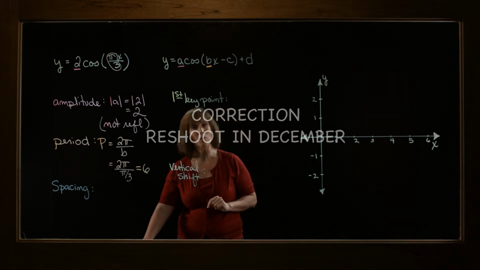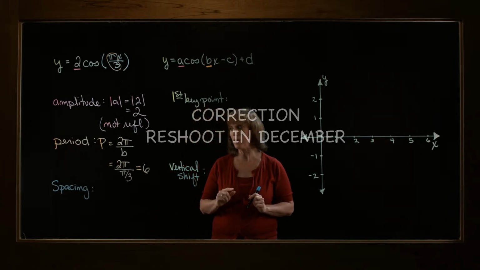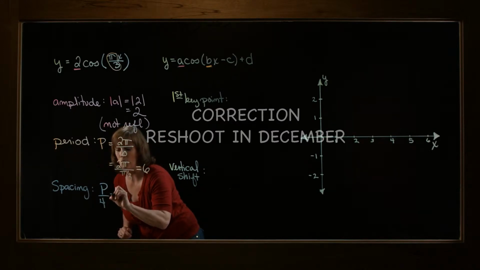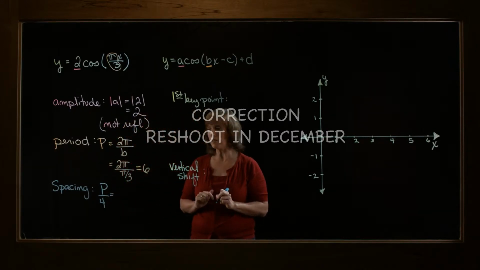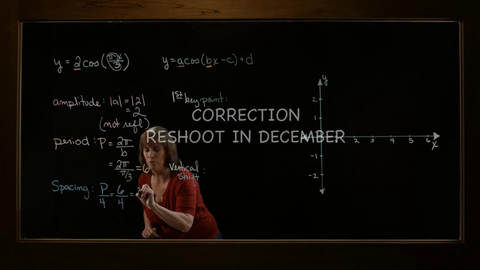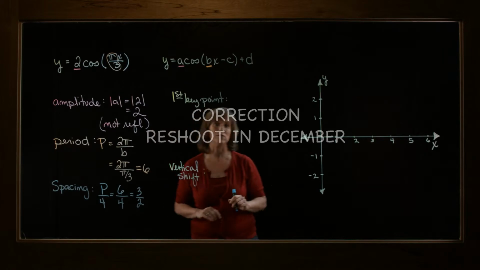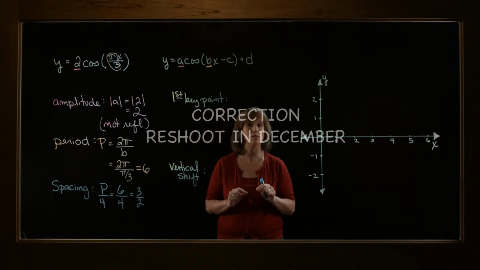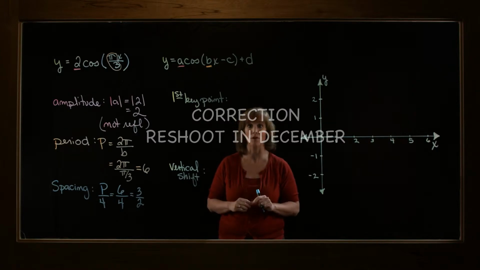So to determine the spacing, I'm going to take my period and divide it by 4. I've already calculated the period. It's 6. And so 6 divided by 4 is 3/2. So every unit and a half, I'm going to get another one of those key points, a minimum, a maximum, or an intercept.